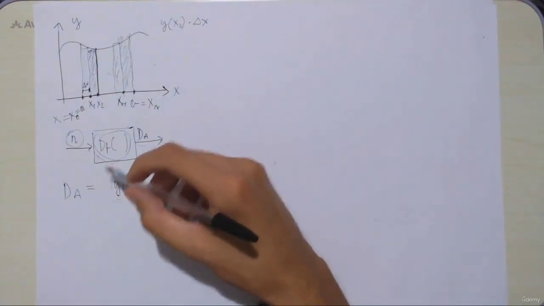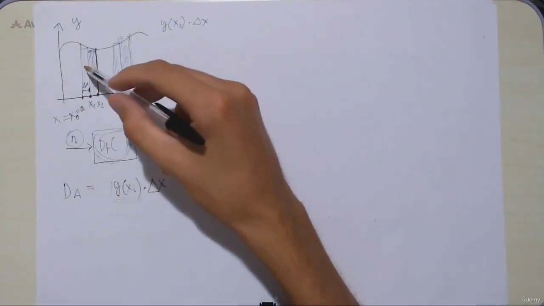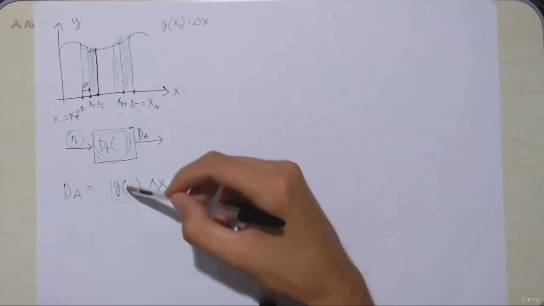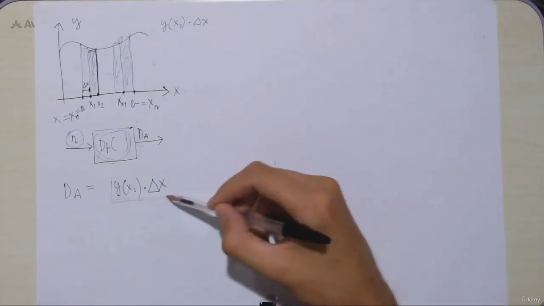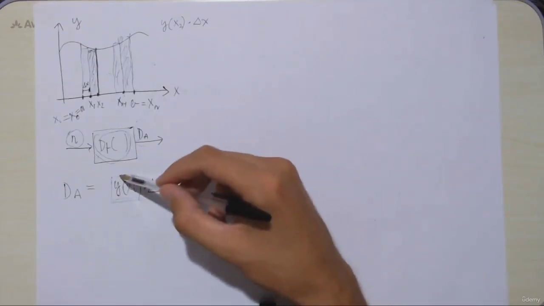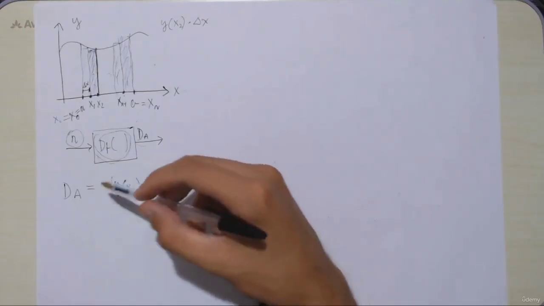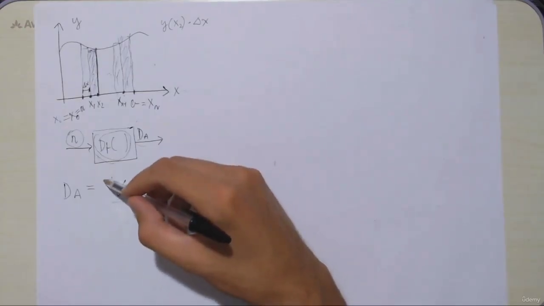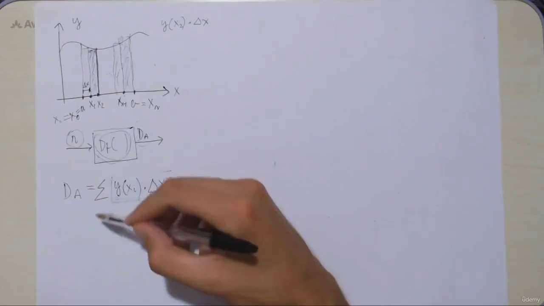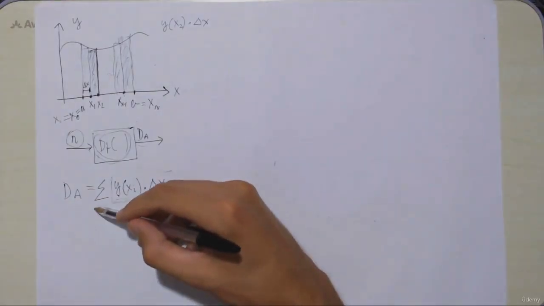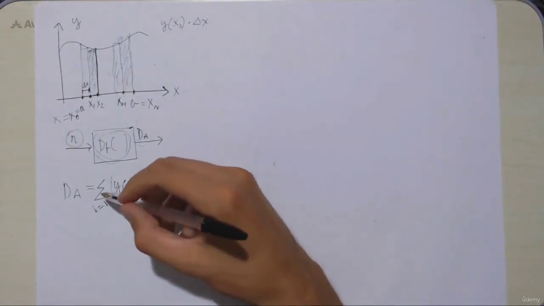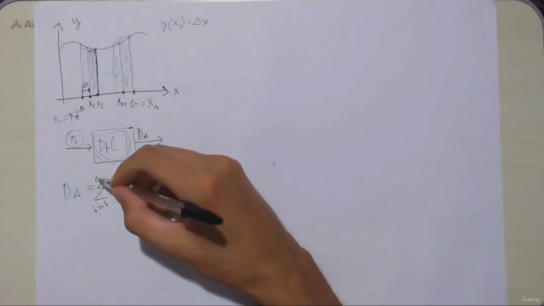So in order to now sum all those rectangles up, because this formulation gives me the area of one rectangle depending on x sub i, I just need to put the summation sign, and then I will have from i equals 1 up until n.